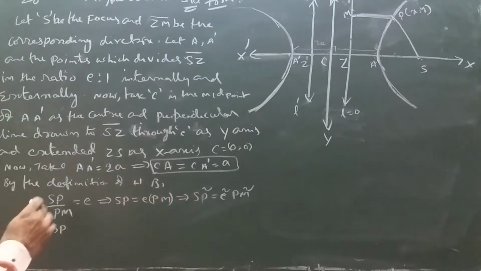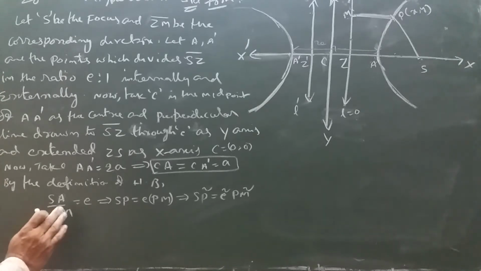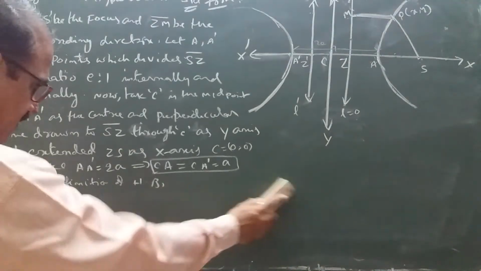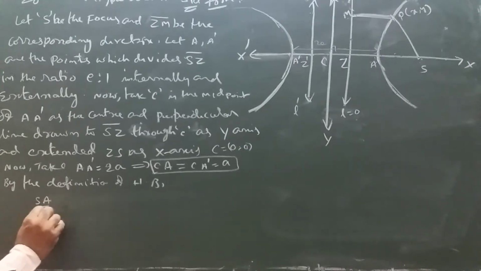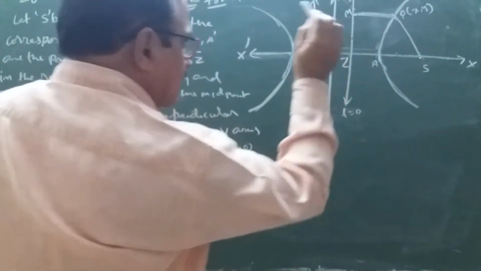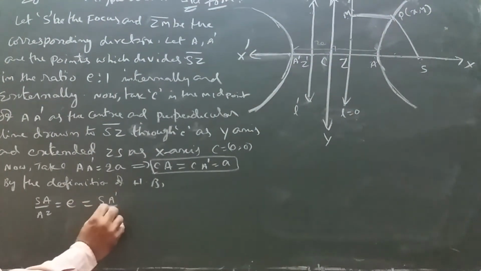So instead of SP by PM, we can take SA by AZ. SA by AZ is equal to e, and also S A dash by A dash Z, the external point, is equal to e.